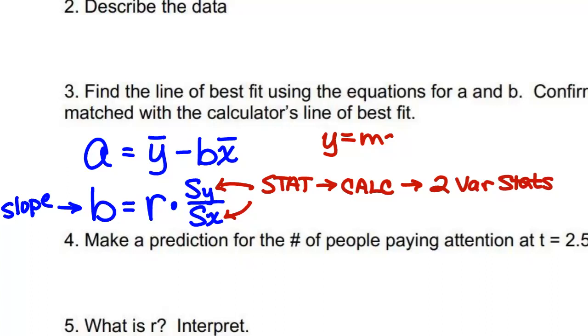Y equals mx plus b is your algebra 1 equation, but we call our slope b and our y-intercept a. If you solve that for A, remember we're working with the mean of y and the mean of x, I would subtract slope times the mean of x from both sides to be able to reverse engineer that one.